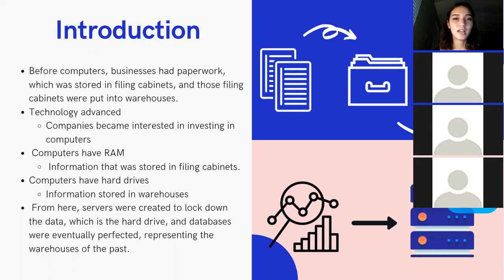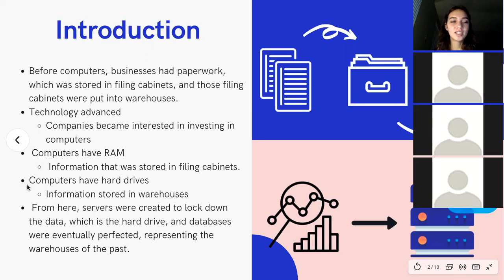Obviously this was a really inefficient process, but it was probably the only thing that could have worked at the time. But thankfully technology advanced, and all this information could be formatted or organized through a computer, and companies became interested in investing in computers to do that job.